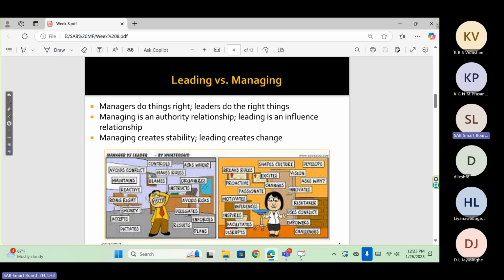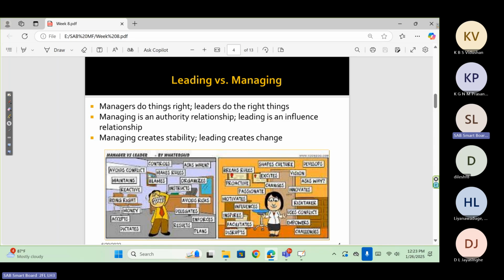When we question about problems, managers mainly ask when this happened, who made that mistake or error. But leaders try to settle down, asking why that problem happened, why that mistake happened. Successful leaders try to come up with solutions for the problems without asking about the problem again and again.